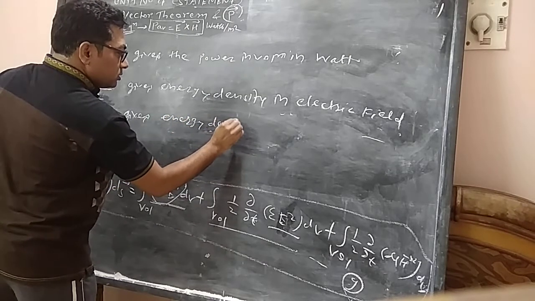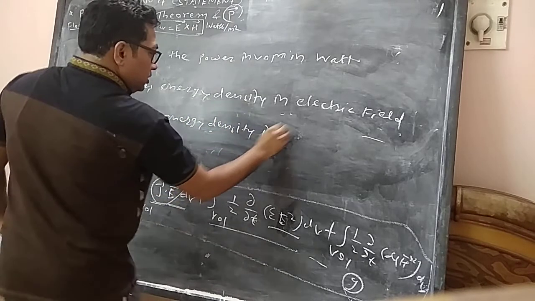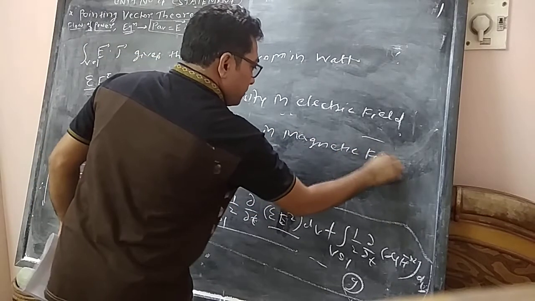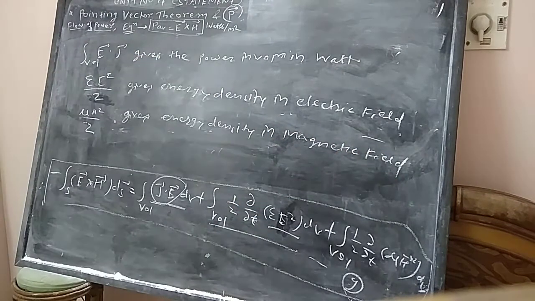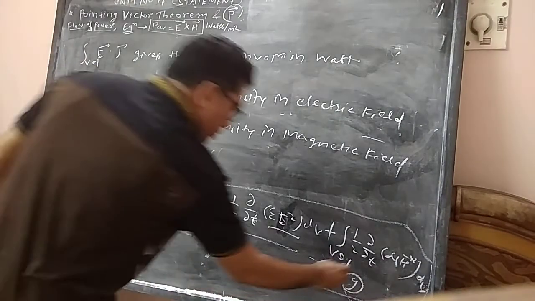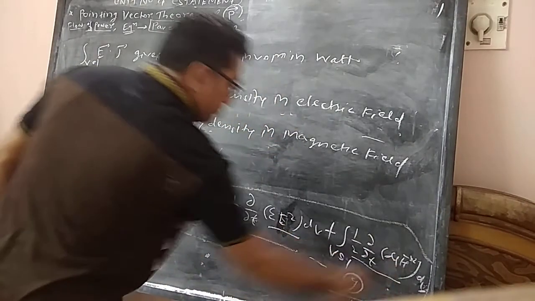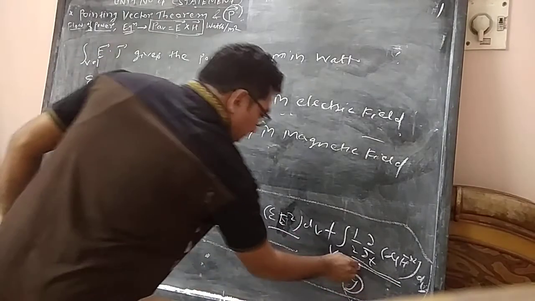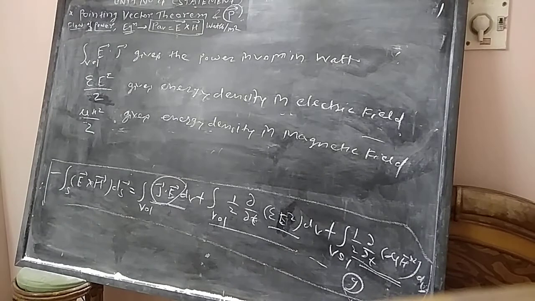So the combined term, 1 by 2 del t mu H square into dv, gives the instantaneous rate of increase of energy stored in the magnetic field of the wave.